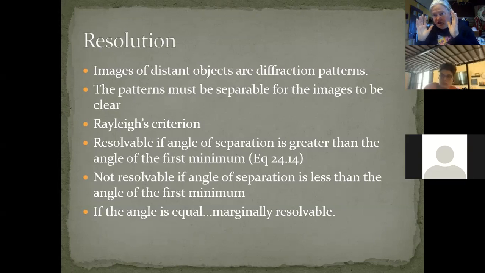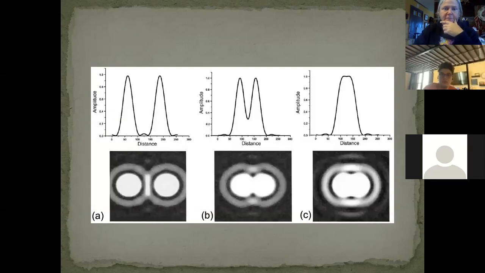That's fixed by biology. When I build a telescope or a microscope, I can determine that too, and that's something called the numerical aperture. And they talk about it in section 19.7 on the resolution of optical instruments. We're not going to do a lot of mathematics with that, but I want you to be aware of it because it is an important issue when you're talking about telescopes and microscopes.